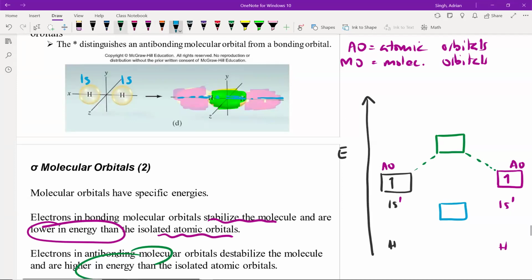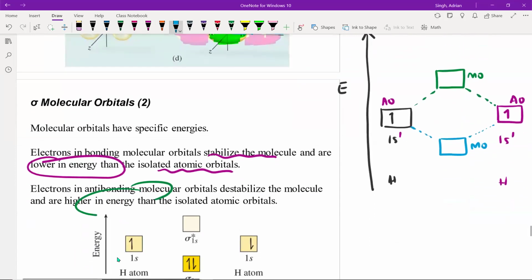We have our MO up here, and another MO that's lower in energy, and we can label these now. The one that's lower in energy is the bonding molecular orbital, so this is going to be our sigma 1s MO. And above it is the one that destabilizes, the anti-bonding MO, my sigma star 1s orbital.